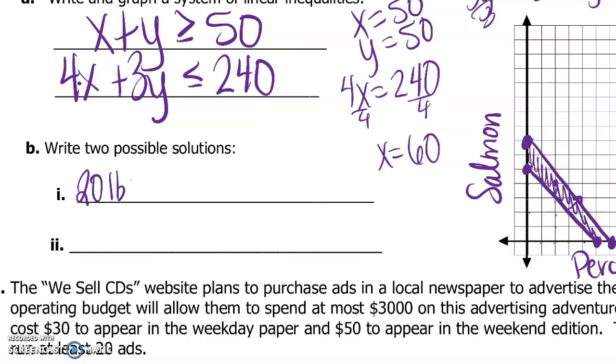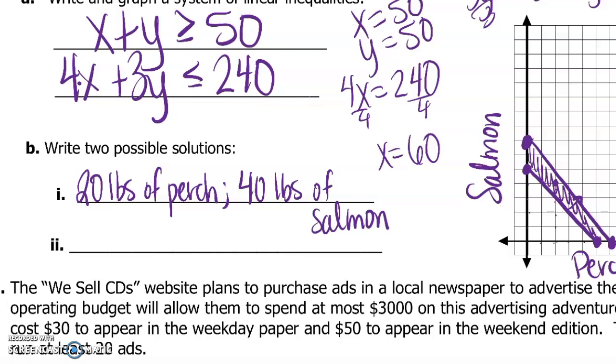So we're going to have 20 pounds of perch, and then 40 pounds of salmon. All right, so just make sure when you do this, we're counting by tens, so not 2 and 4, but 20 and 40. All right, to save time, I'm not going to pick another solution, but again, you can pick actual ones on your lines, or you can pick ones in between.